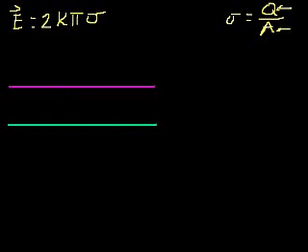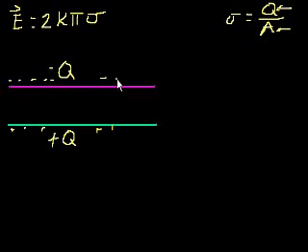And let's say that they're the same size, and they both have area A. And let's say that I place plus Q worth of charges here. So this is plus Q, so this is positively charged, right? I could draw a bunch of pluses here. And let's say this is minus Q.